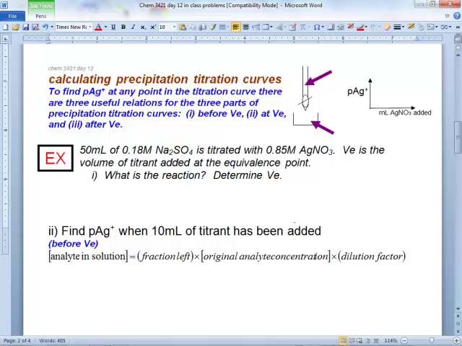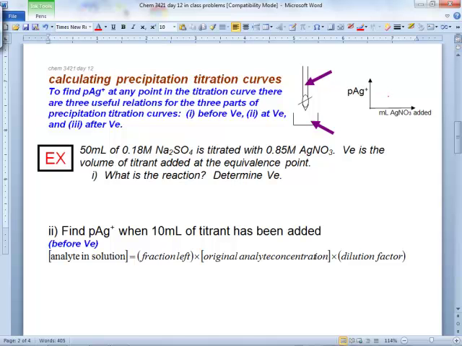The equation for pH was the negative log of the concentration of hydrogen. So pAg+ must be the negative log of the Ag+ concentration. So that's all we're after, the negative log of the Ag+ concentration.